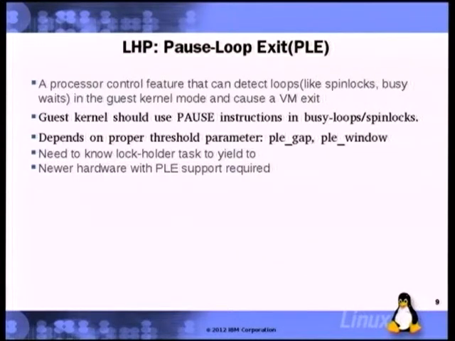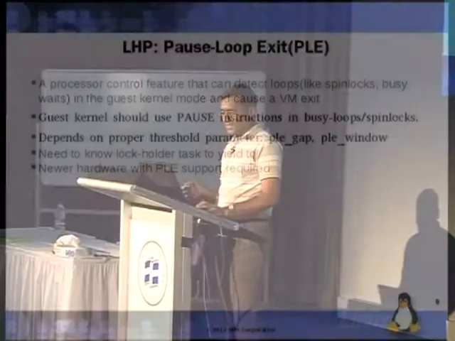After doing a PLE exit, the hypervisor needs to know who the lock holder is. And on top of that, it requires new hardware. This feature is available on some of the newer Intel processors, Nehalem EX onwards.